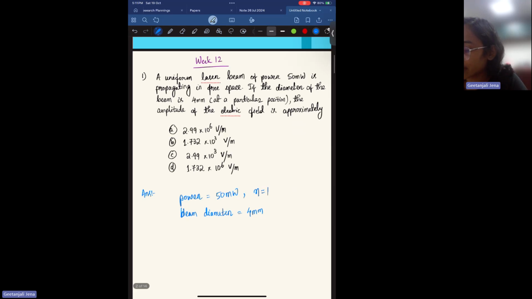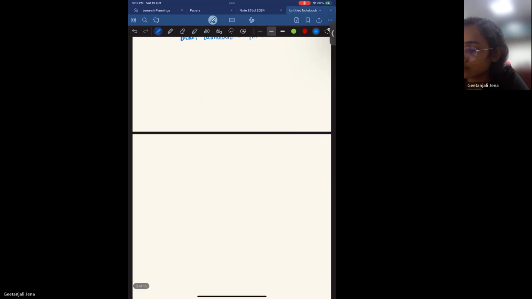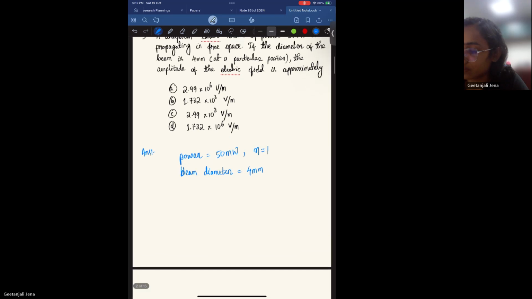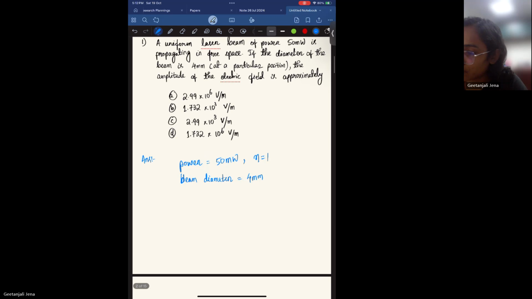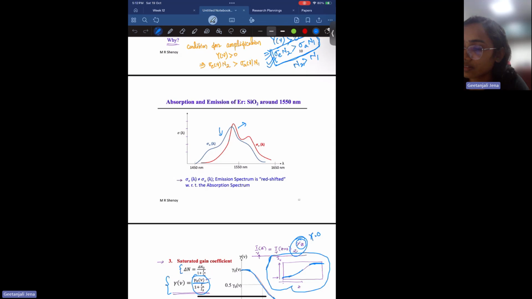Then what is the electric field in volt per meter? So you know the relation of intensity. There is a relation that is given by I.